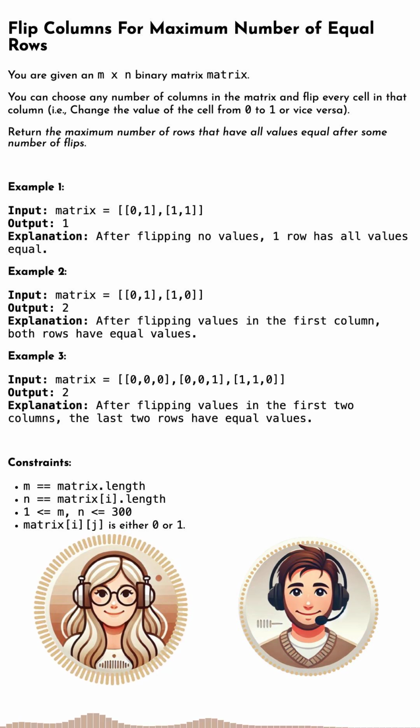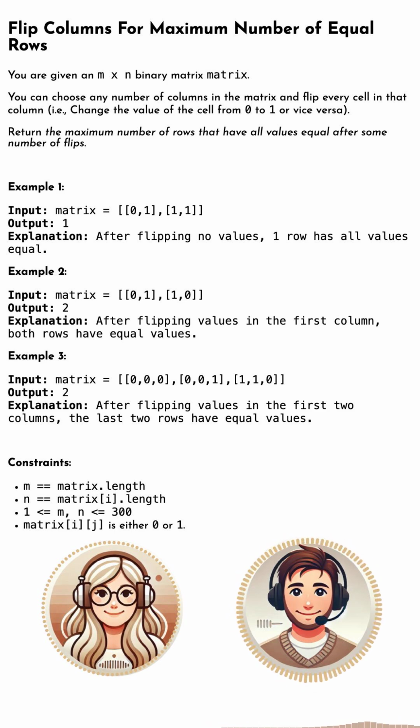Pattern recognition, efficient data structures, bit manipulation, these are all fundamental concepts that are used everywhere, from image processing to machine learning. It's like they're transferable skills. Absolutely. That's one of the best things about computer science, in my opinion. You learn these core principles and you can apply them to a huge range of real-world problems.